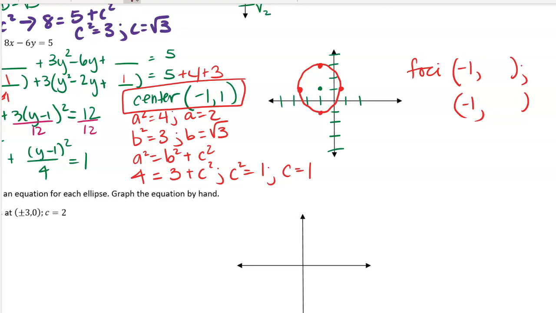Okay, we're going to take what and add what? Take your k value, in this case 1. We're going to add your c value, in this case what? 1. So 1 plus 1, the first point is 2. Then we do the same thing, but instead of adding c, we're going to subtract c. So what's the other foci point?